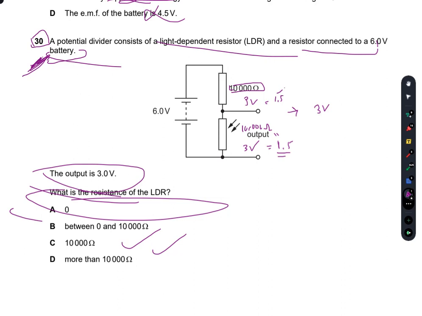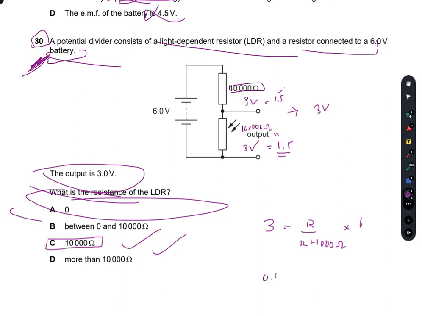So it could be C, but I can apply the potential divider rule here. By this the output voltage is 3, which is equal to the resistance over the resistance of LDR plus the resistance of this fixed resistor, times 6, which is the voltage.